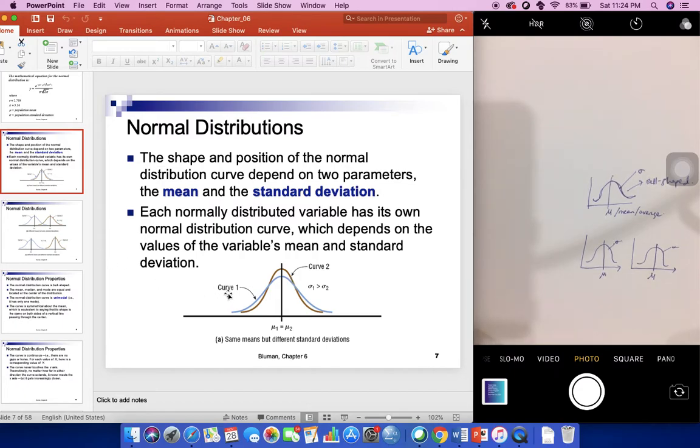Curve 1 refers to standard deviation 1 and curve 2 refers to standard deviation 2.